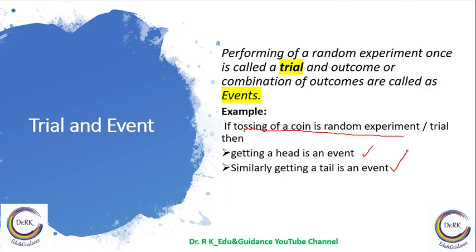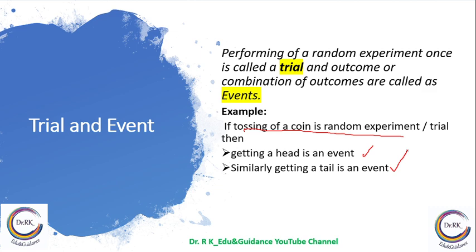Suppose we take an example like throwing a die as an experiment, and we know the sample space contains the numbers 1, 2, 3, 4, 5, 6. Then can we define some events on this sample space?